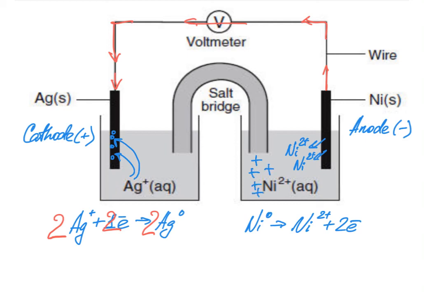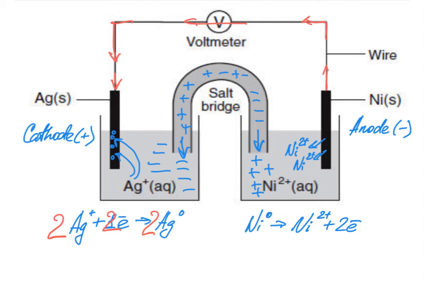And less of positively charged ions in the solution will eventually lead to build-up of the negative charge in the solution on the left. So our positively and negatively charged ions in the salt bridge will be traveling according to their attractive forces. Positively charged ions will be traveling towards negatively charged solution, and negatively charged ions will be traveling towards positively charged solution.